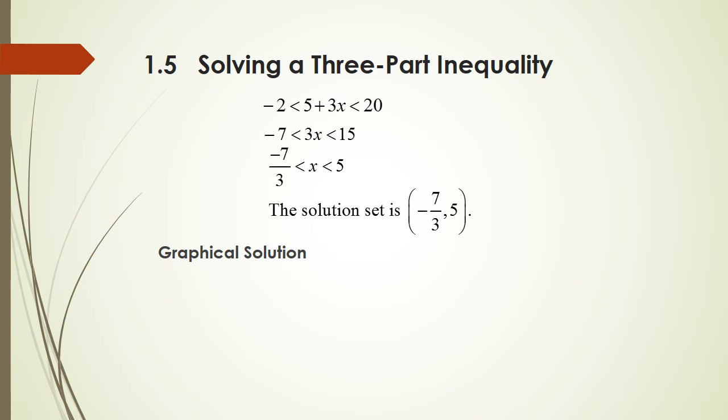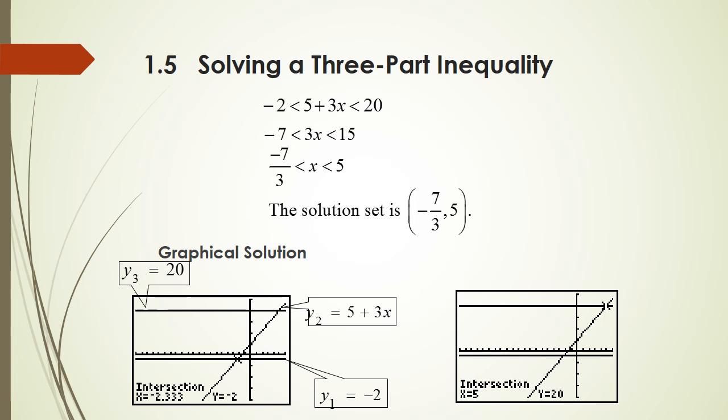Graphically, we're going to graph the 3 parts, and let me show you what that looks like. You can see here, I've got the different lines pointed out to you. We have the negative 2 on the bottom, we have the 20 going across the top, and the diagonal line is 5 plus 3x. Now the idea here is that x needs to be in between. So we're going to look for the x values that are in between those 2 parallel lines.